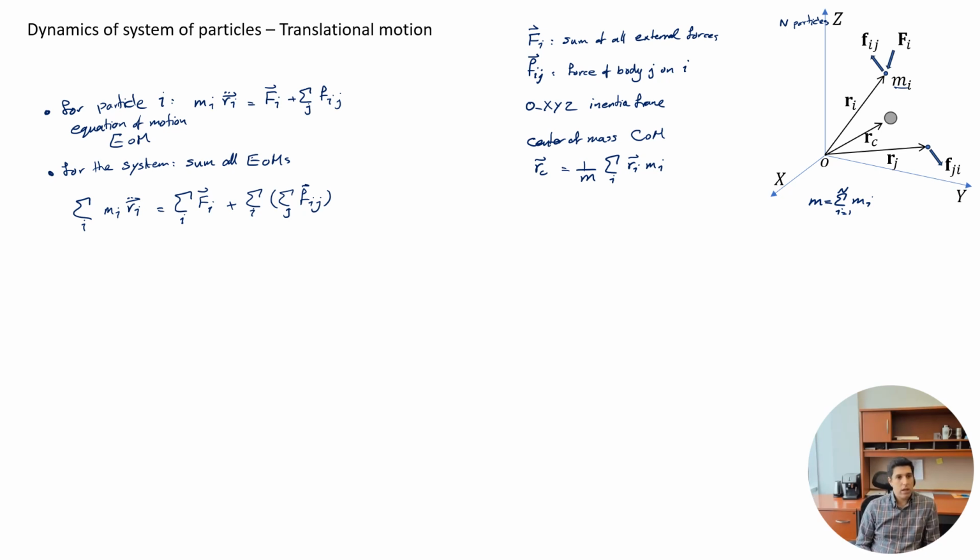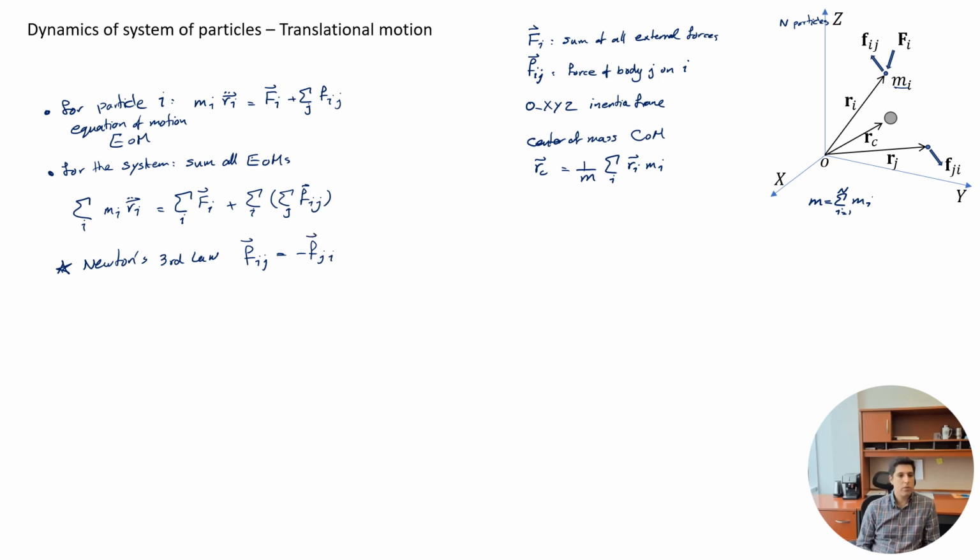The good thing here is that, if you notice, that is Newton's third law. It's the law of action and reaction. So Fij is always equal to minus Fji.